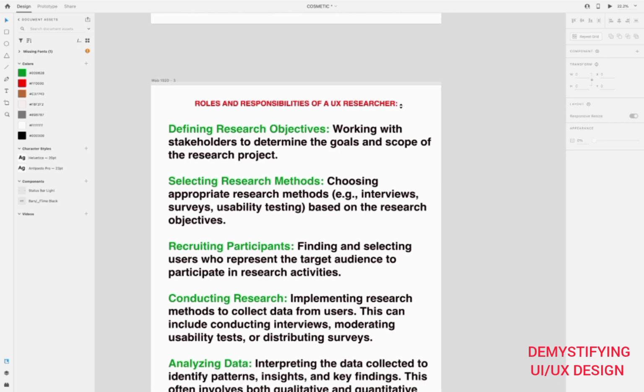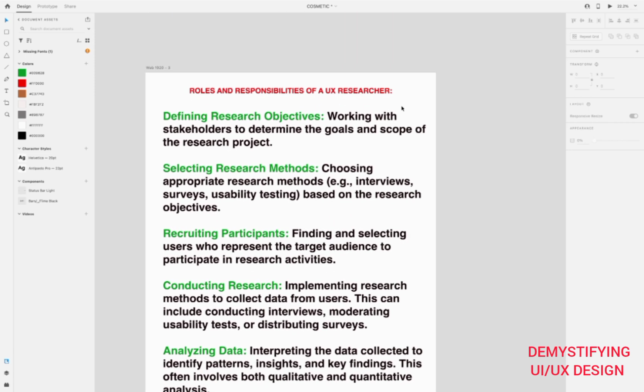All right, so defining research objectives, that is the main role. Number one role, this is just to mention a few, by the way. Working with stakeholders to determine the goals and scope of the research project.